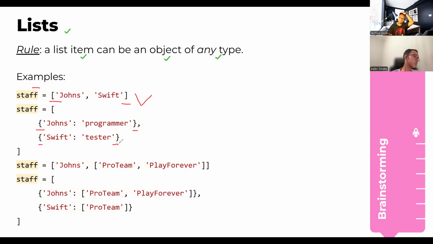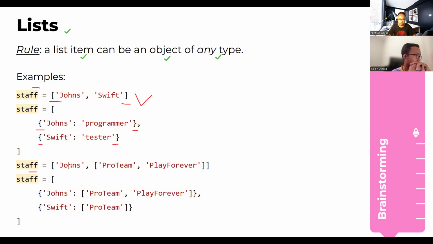So you can put the dictionary inside the list. And if you put the dictionary inside the list, that's already called nested data structures, because you are nesting another data structure inside a data structure, right? You got it? Okay, another example.